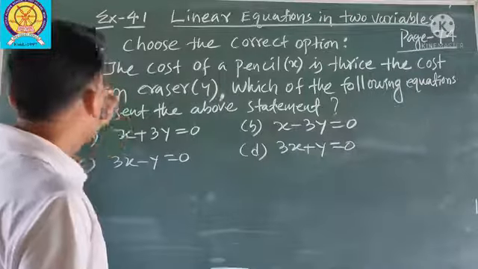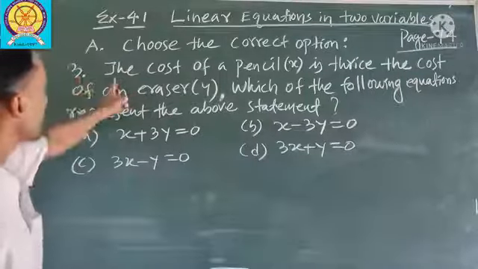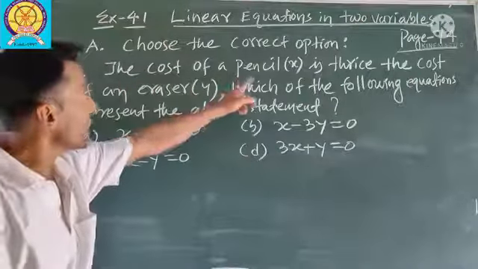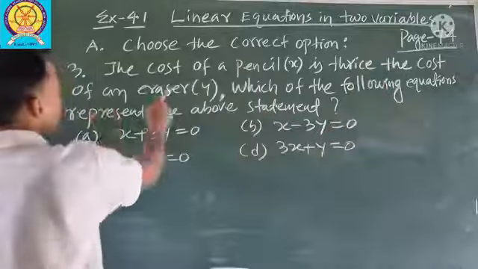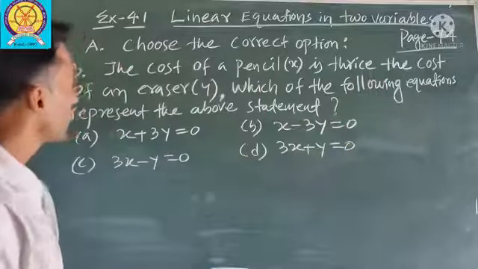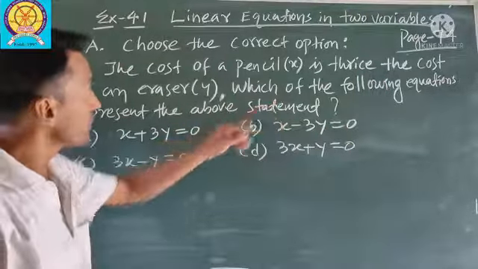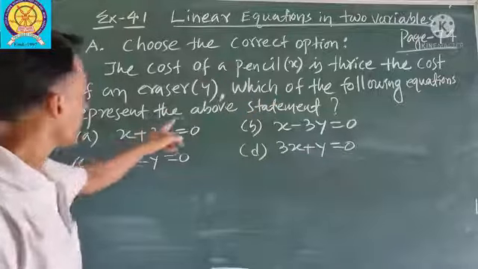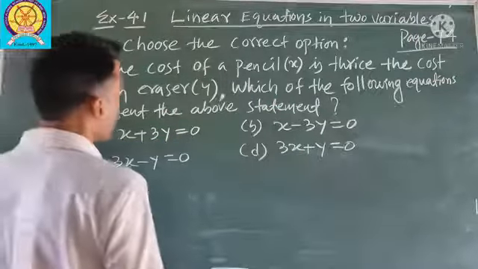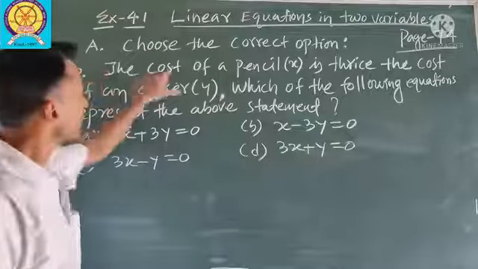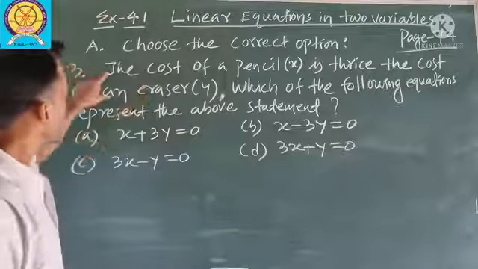Let's see the next question, number 3. The cost of a pencil X is twice the cost of an eraser Y. Which of the following equations represents the above statement? So you have to make the linear equation from this statement. What is given?